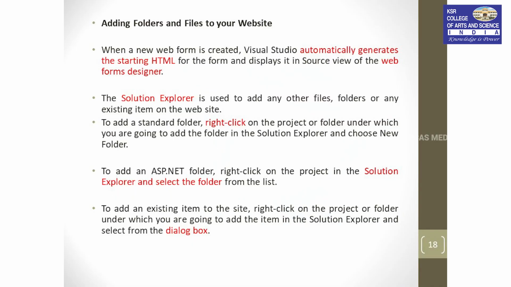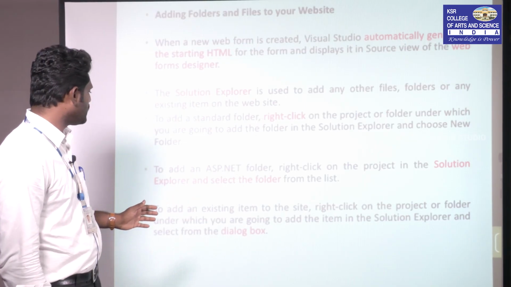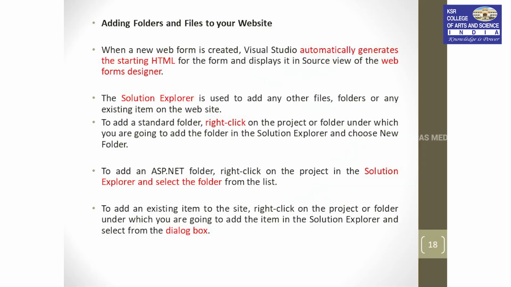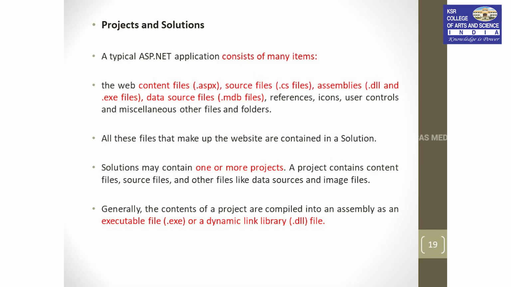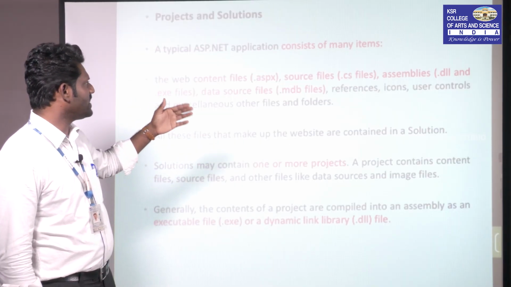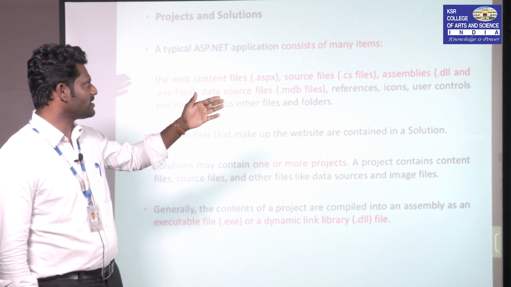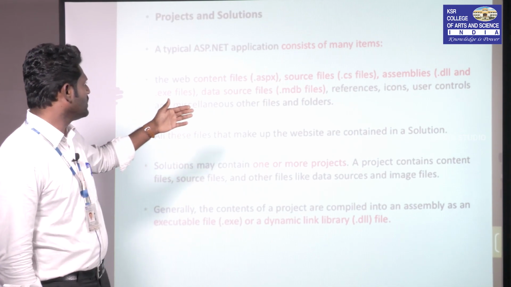And for an existing item in the site, right-click the project or folder under which you are going to add the item in the solution explorer, and select from the dialog box. Project solutions consist of many items which should be available. First one is content file, ASP.NET, ASPX, ASP.CS, ASP.DLL, ASP.MDP.